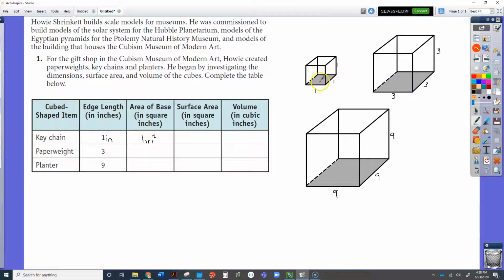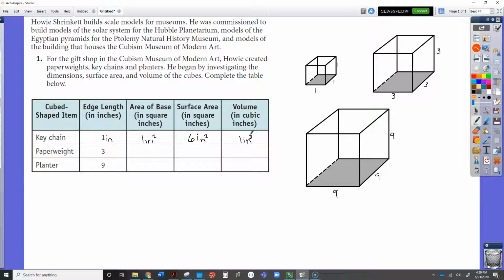And they're all going to have 1 square inch. So if there's 6 of them, it'll be 6 square inches. And then the volume is 1 times 1 times 1, length times width times height. So the volume is 1 cubic inch.